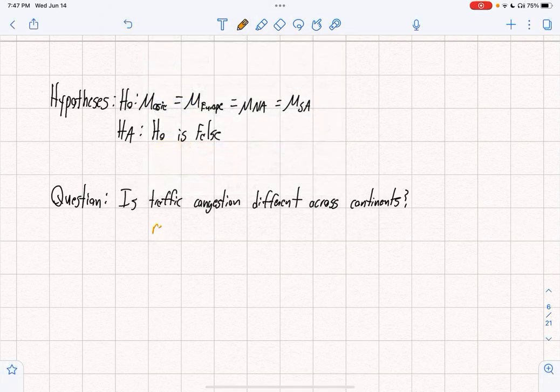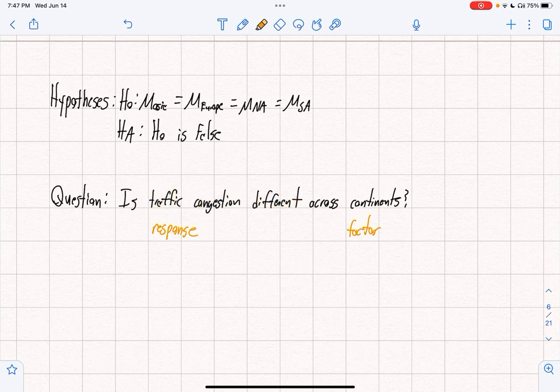Is our response different across our factor? So is our response variable, traffic congestion, different across different levels of our factor, or continents? That is ultimately what we are looking at with ANOVA.